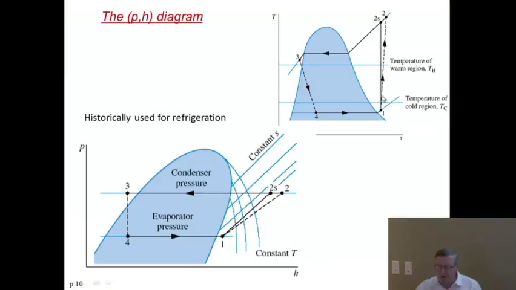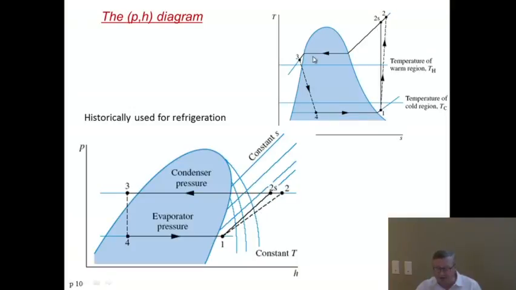So we go from 1 to 2S, the isentropic compression. In a pH diagram, you go from 1 to 2. So remember, the enthalpy expended to get to 2S is less than the enthalpy you really have to expend to get to 2. So the H-axis is shifted down a little bit, but it's hypothetically an isobaric process.